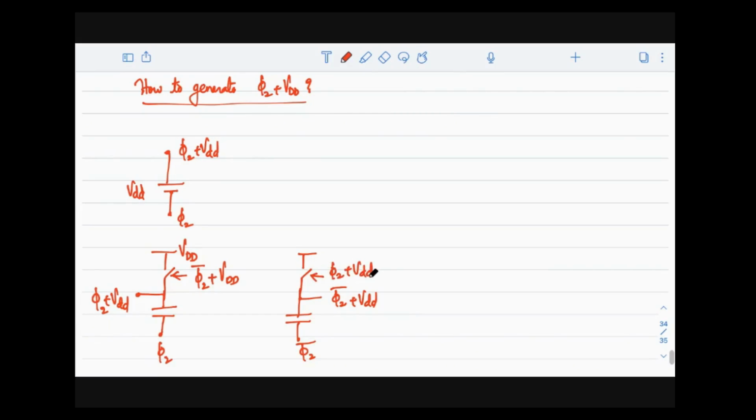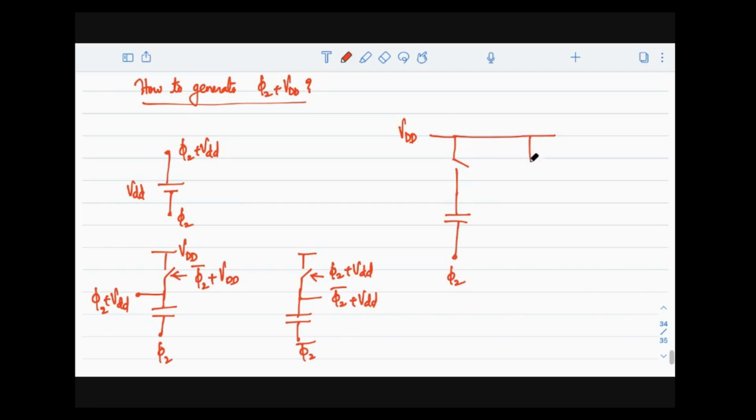Right. So it looks like we can tie these two circuits together. When I say tie these two circuits together, I have a voltage VDD here. From VDD, I'm using a switch, let's say I'm having a switch here. Now I'm connecting a capacitor. To this point of the capacitor, I have phi 2.